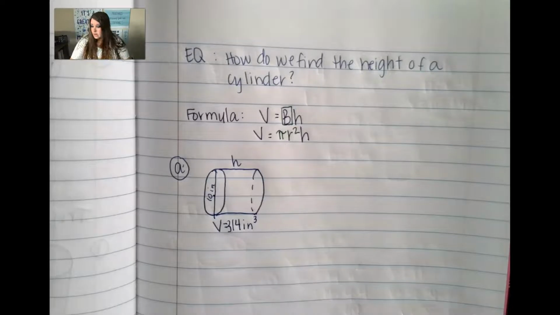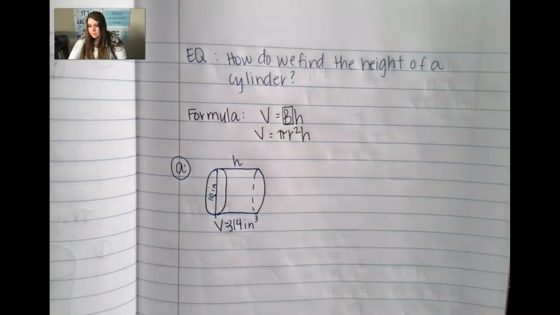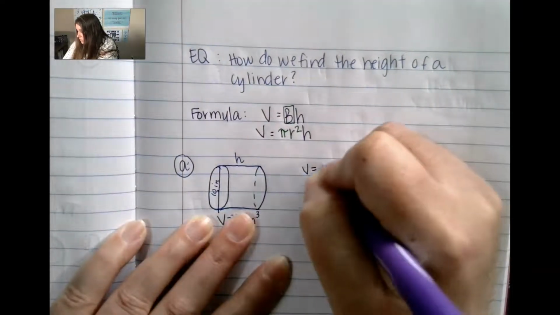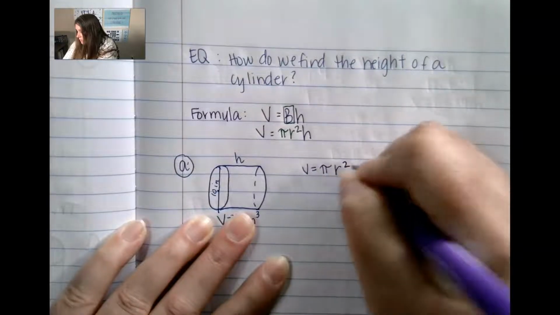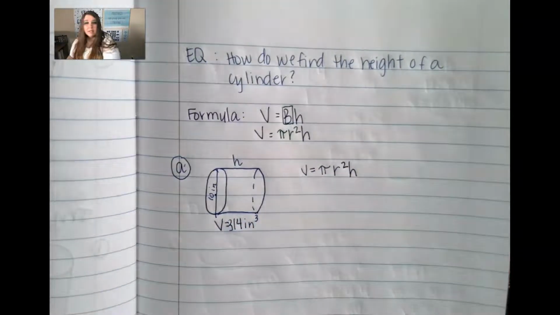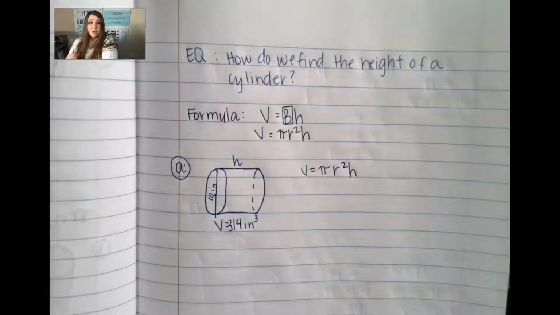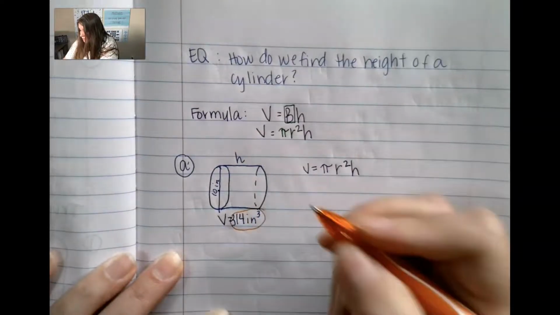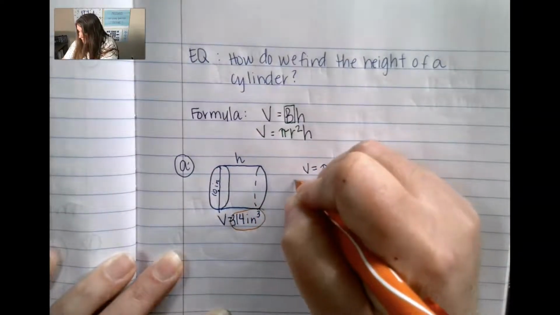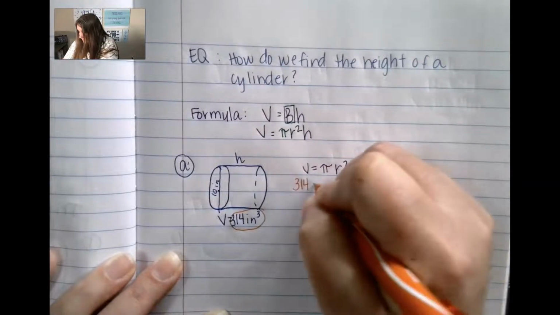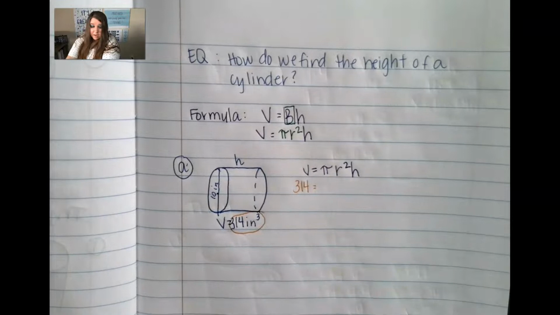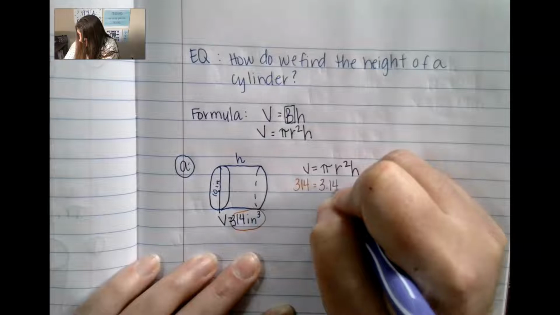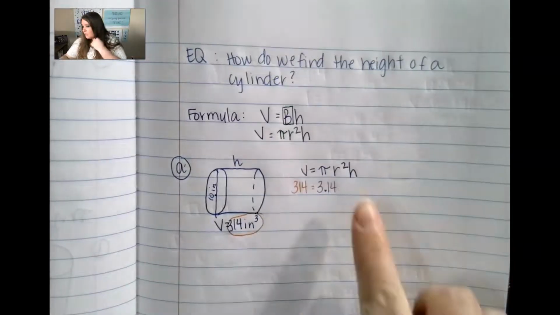Okay, so let's start by rewriting this formula. We know the formula we're using is volume equals pi r squared times the height. So let's plug in the things that we know. First of all, we know that V equals 314, so where the V is, I'm going to write 314. I know pi, right? We all know that pi is 3.14. And the radius?